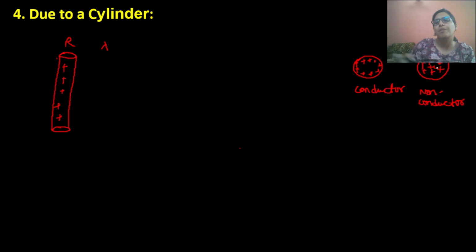It will be uniformly distributed over the volume. So we will calculate the electric field for a cylinder due to a conductor cylinder and non-conductor cylinder also. So for a non-conductor cylinder, the charge will be uniformly distributed over the volume. Now for the conductor, charge will be distributed on surface only.